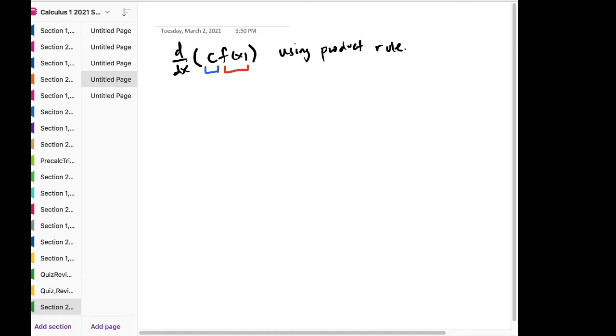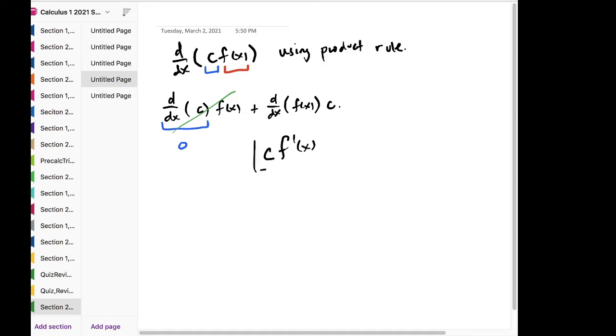By the product rule, it'd be d dx of c times f of x plus d dx of f of x times c. So what's d dx of c? Zero, right? That's a constant. So this whole term is zero. And then d dx of f of x is just f prime of x, and then we can put the c over here. So it's a silly way, but I think it's good practice.